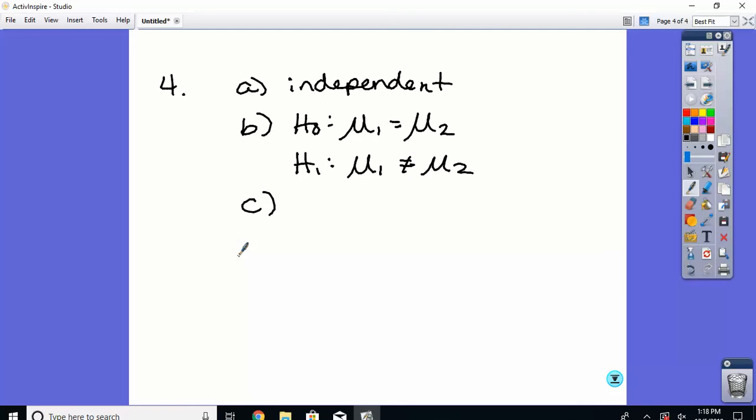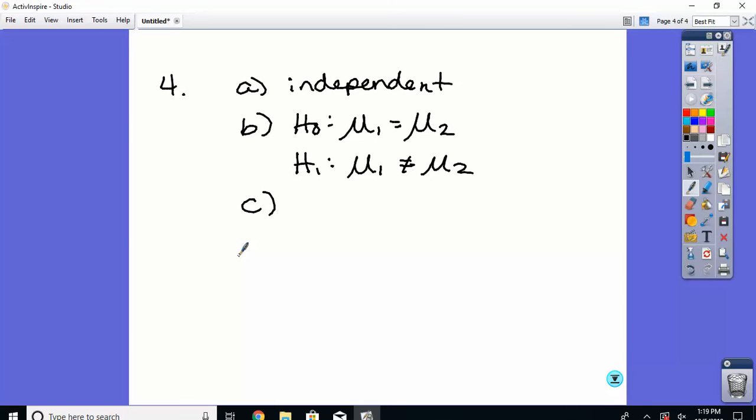Part C. I told you it's normal. So, which test do we do? No, that's a confidence interval. It's a 2-sample t-test.